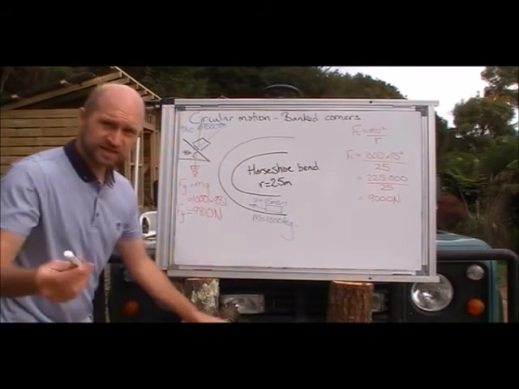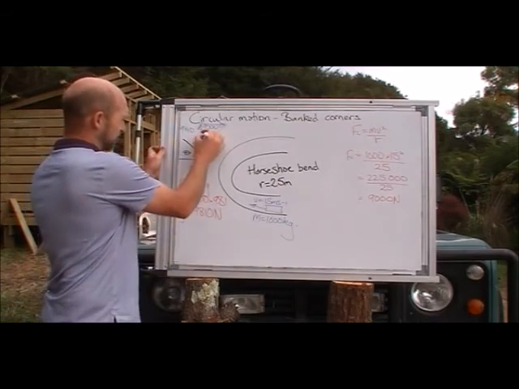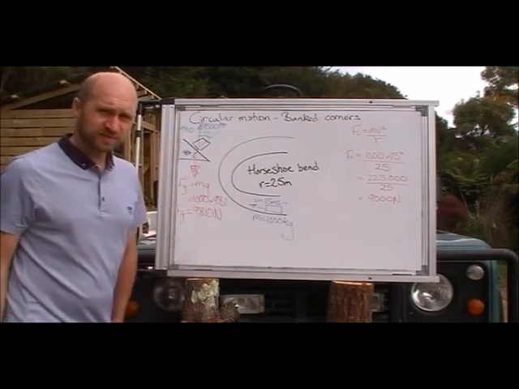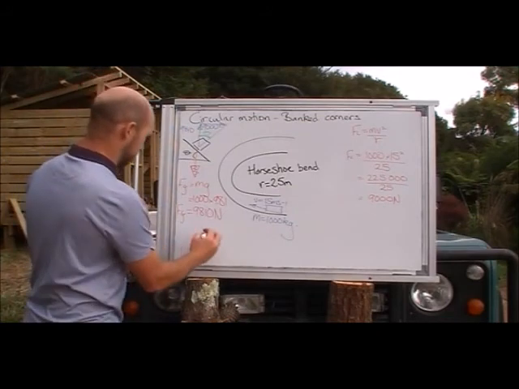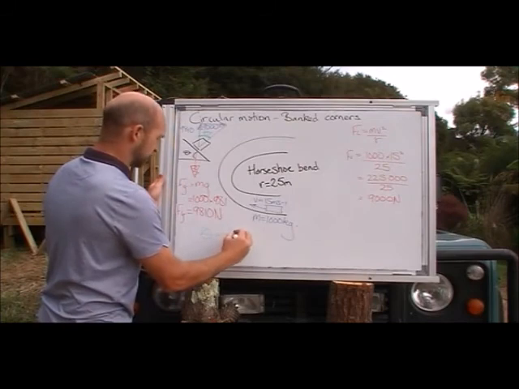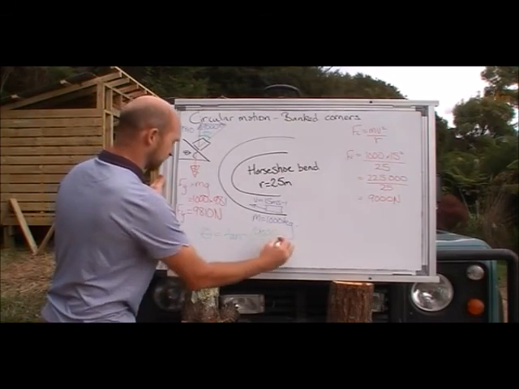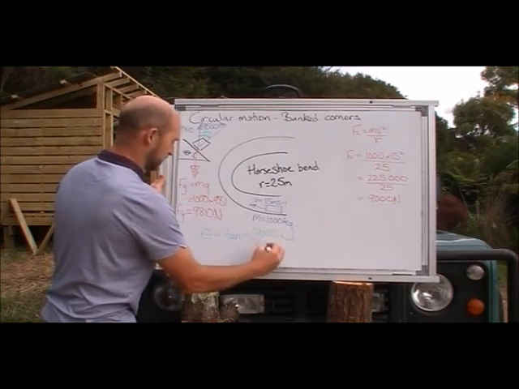Now, take a step back to your geometry class if you don't believe me, but that angle there must be theta as well. So theta has to be anti-tan of 9,000 over 9810.